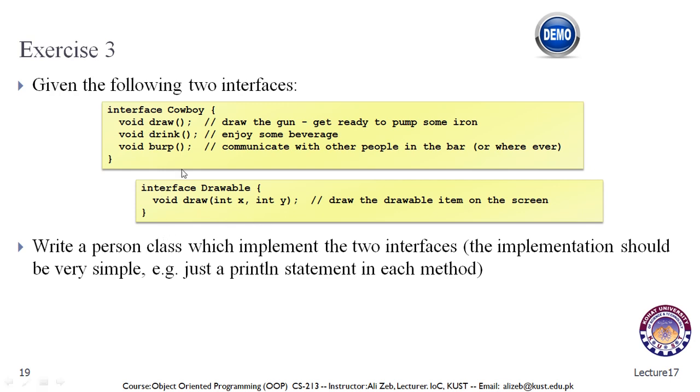So we have two interfaces and you need to write a class that implements these two interfaces, and by that we mean that this class, the Person class, will have to implement all of these methods. So this is just a very simple exercise just to get you started.